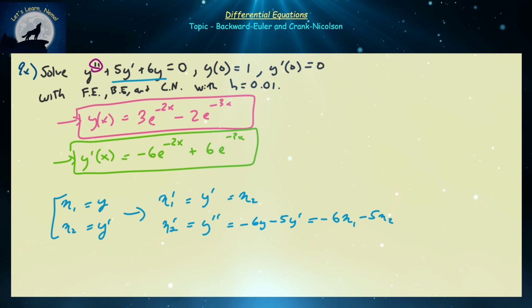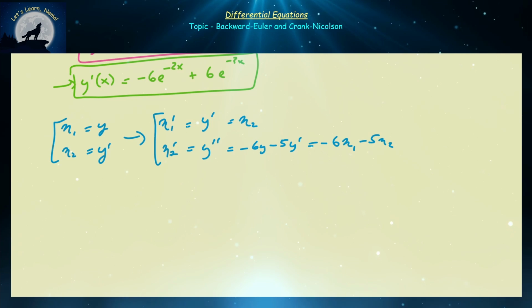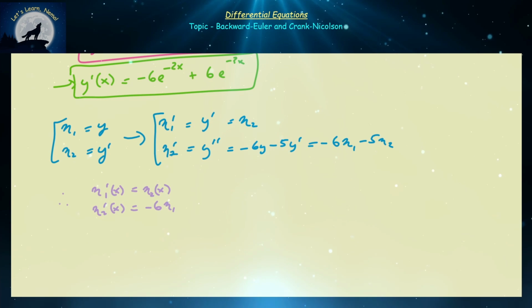Once you have that, then you have your first order system, which we can write as follows in a more simplistic manner. Let's also write our x on the left-hand side since they're functions of x only. So eta1 prime of x is going to be equal to eta2 of x, and eta2 prime of x will be equal to minus 6 eta1 of x minus 5 eta2 of x.